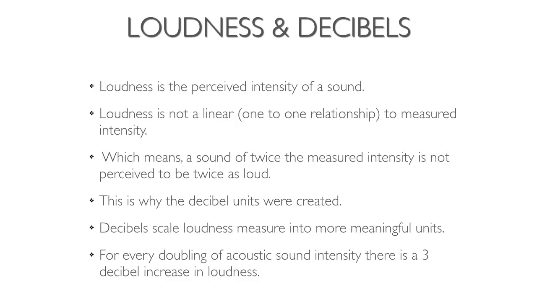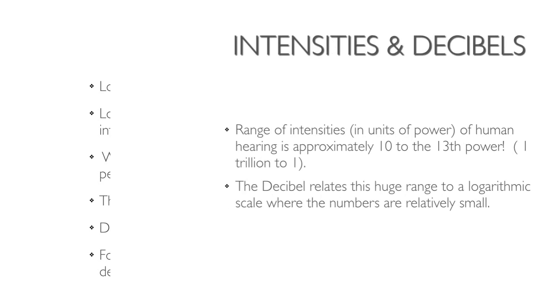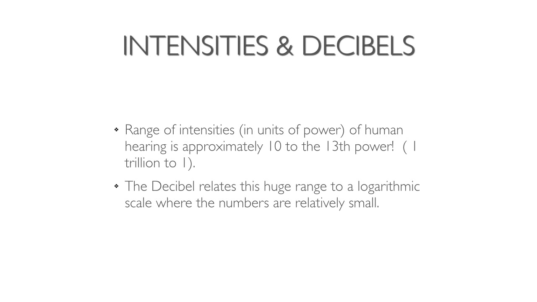So you only get a 3 decibel increase every time you double the acoustic intensity. As I said earlier, we can hear a huge range of intensities, a trillion to 1. And so we would want to deal with those kind of numbers. We need to have something scaled down to what is a lot more meaningful, and that's what the decibel does.